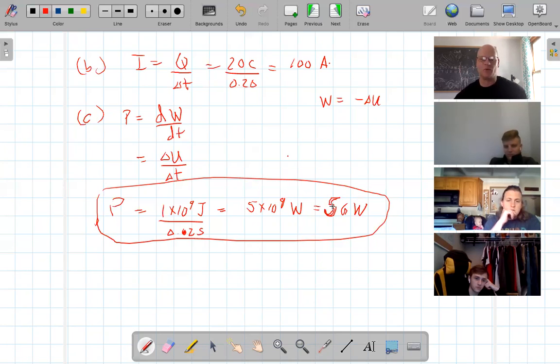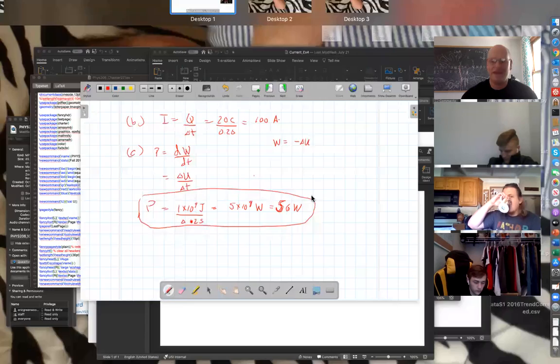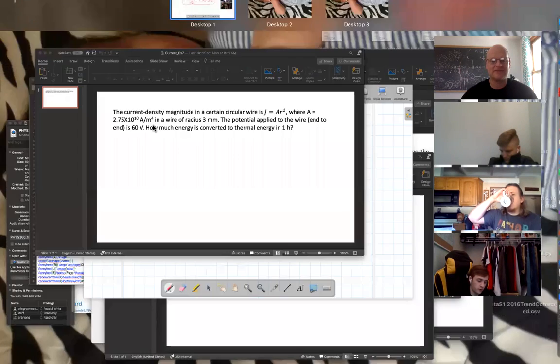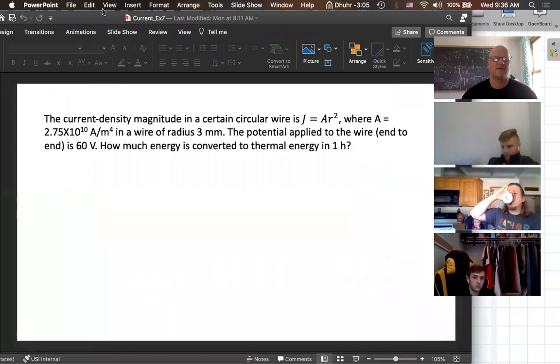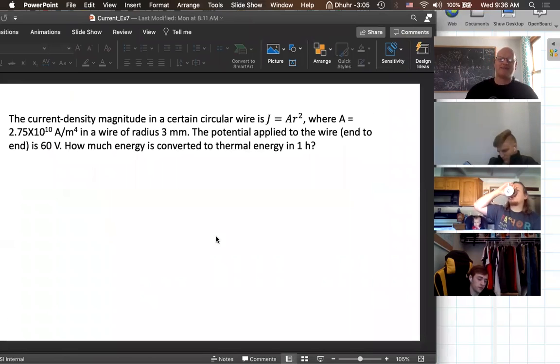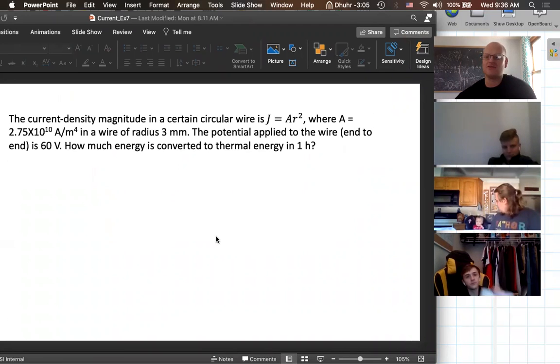So good. Let's do one more example. So the last example, then we'll talk about some other things here. The last example says, the current density magnitude in a certain circular wire is J equal to A times r squared, where A is some constant, which is 2.75 times 10 to the 10th amps per meter to the 4th, in a wire of radius 3 millimeters.